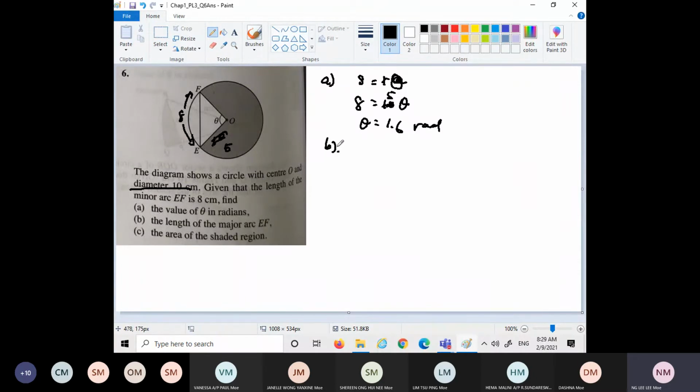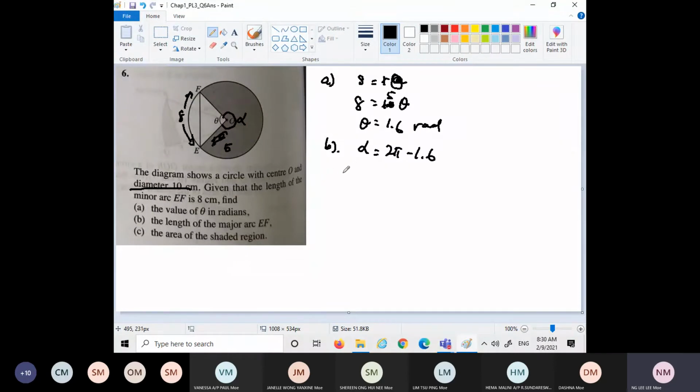Now part B. The length of the major arc EF, the length of this bigger one. You just need to get this angle. The whole thing, 360 degree, is 2 pi. So 2 pi minus 1.6. If I label as alpha, the alpha is 2 pi minus 1.6.